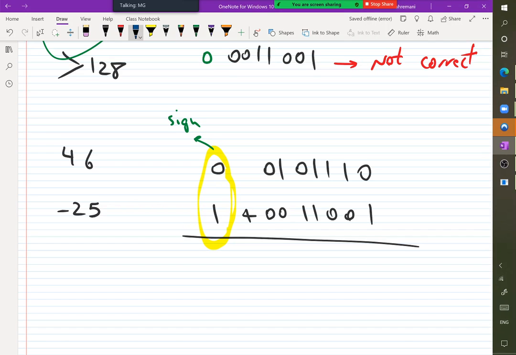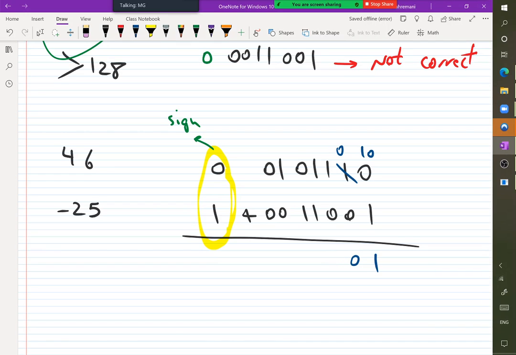So 0 minus 1, we need to borrow from this bit. So this one will be 0, this one will be 2, or 10, depending on whether we are talking base 10 or base 2. So 10 minus 1 is 1, 0 minus 1 is 0, 1 minus 0 is 0.